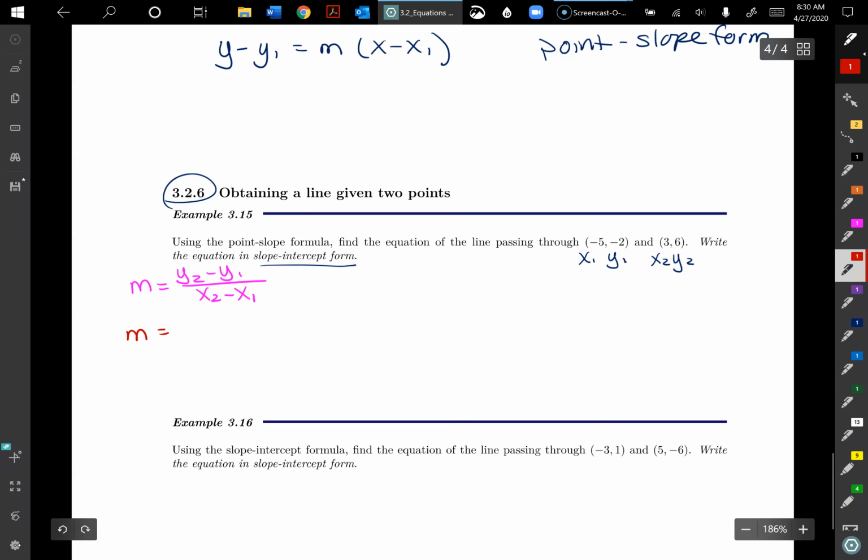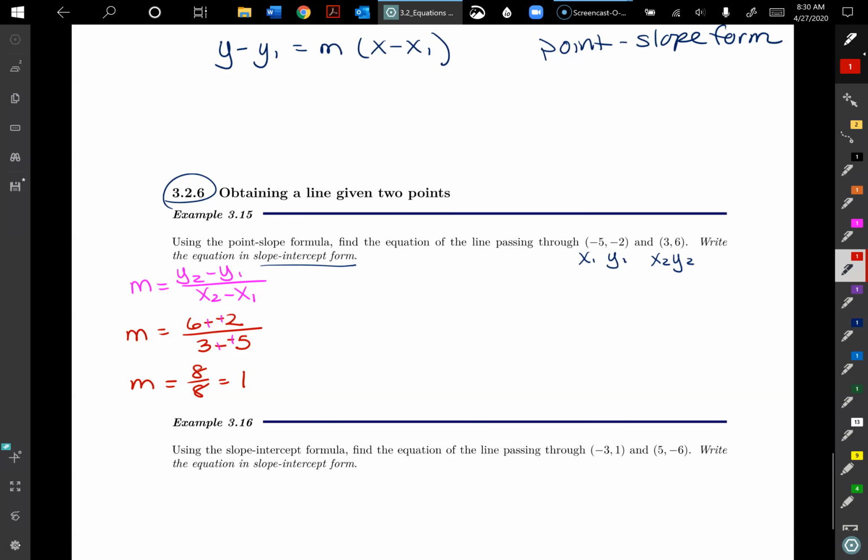So we're going to do 6 minus -2 over 3 minus -5, and of course you could pause this and do it on your own. You should know how to do these pretty well by now. And then we end up with adding in the middle there. So we end up with m equals 8 over 8, reduce it to 1.